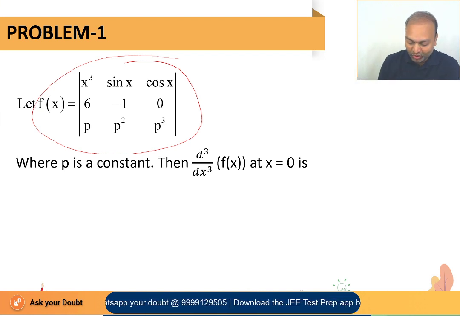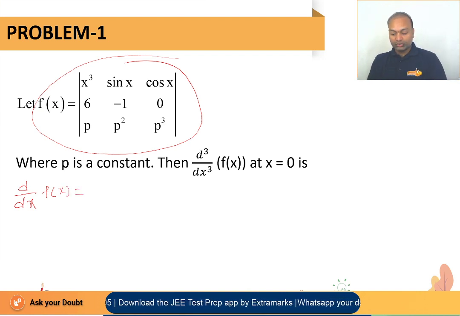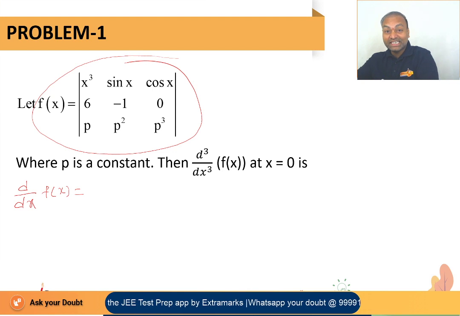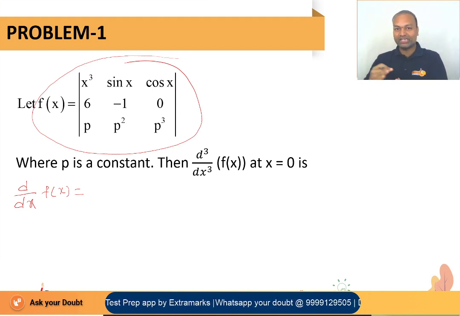derivative of f of x is equal to. Now observe this one. Here 3 rows are there, a 3 by 3 determinant, so here 3 determinants exist. If it is a 2 by 2 determinant, 2 determinants exist.